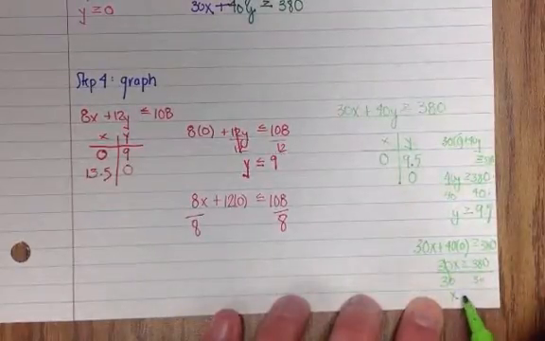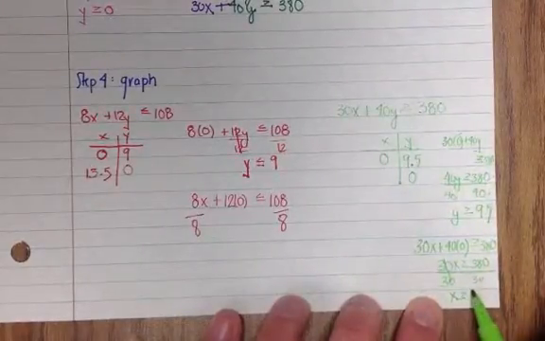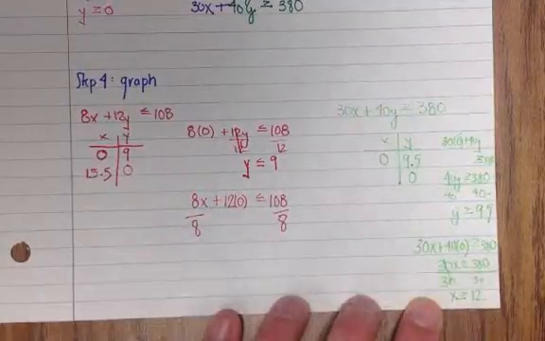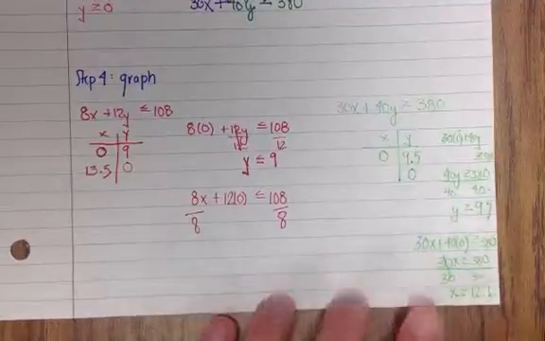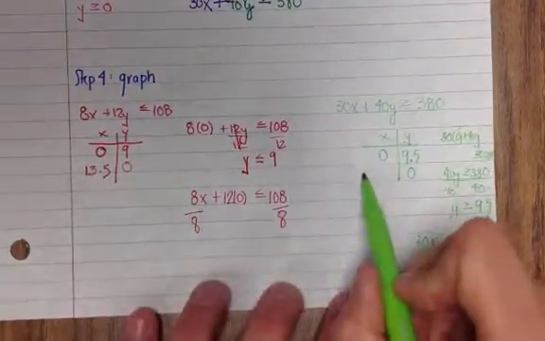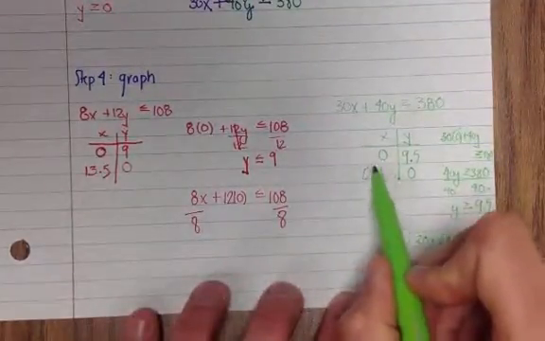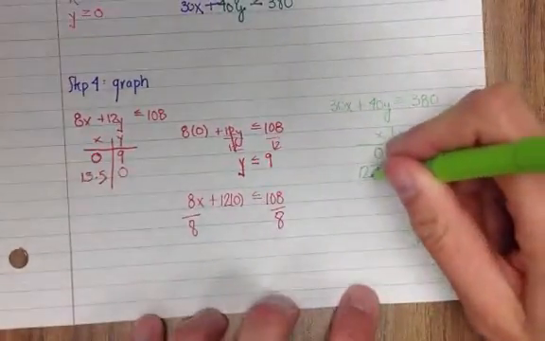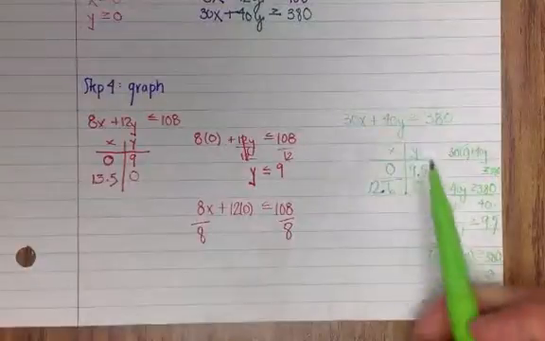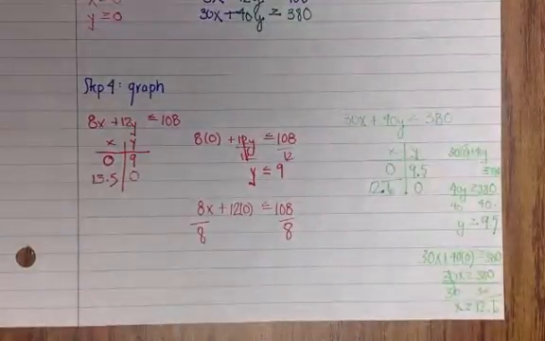And x will be greater than or equal to, and this time you're going to get 12.6 repeating, or 12 2/3. I'm putting the repeating decimal in there because it's going to help me for graphing, because I'm going to be graphing based upon these x and y intercepts.